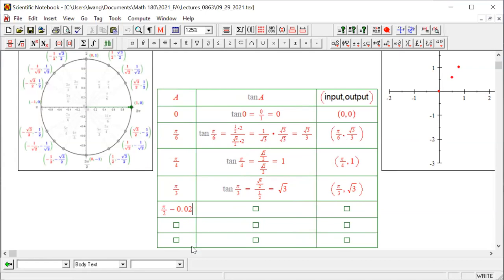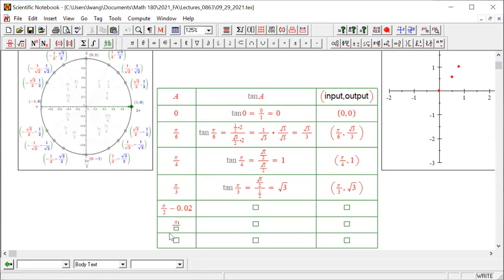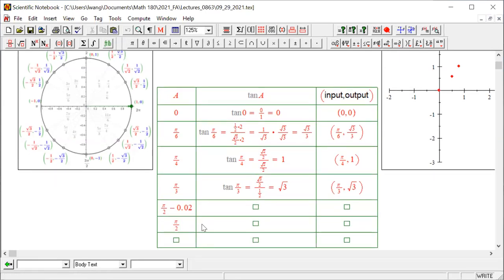And the next number gets even closer: pi over 2 minus 0.01. They're not pi over 2 anymore, but they're closer and closer to pi over 2. This one is close, and this one is even closer. I want to know that value.